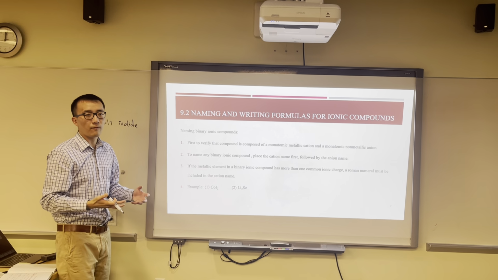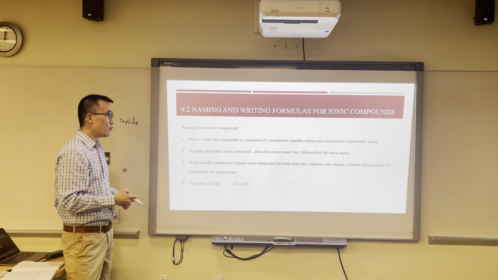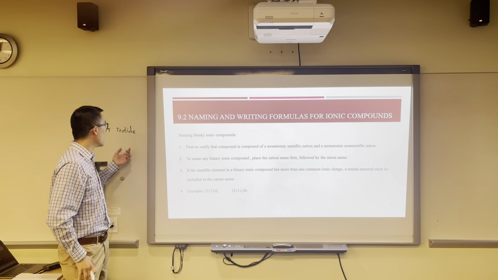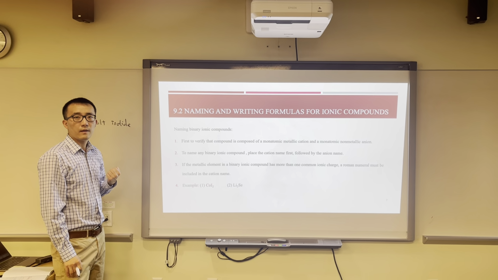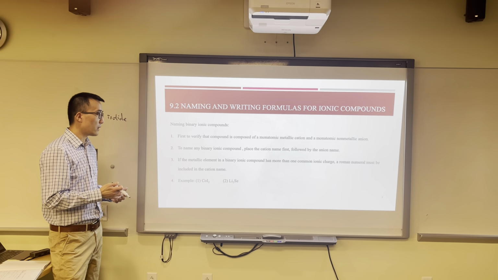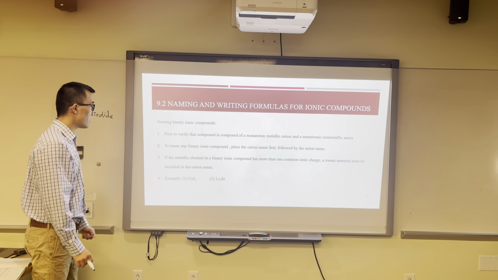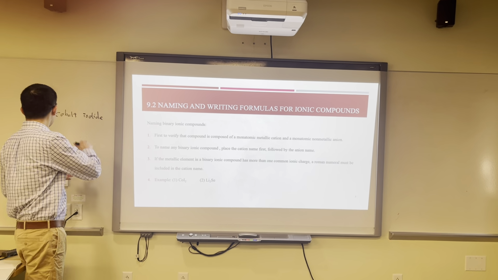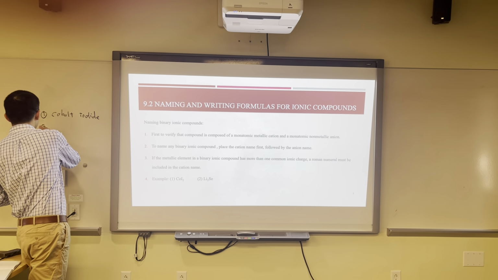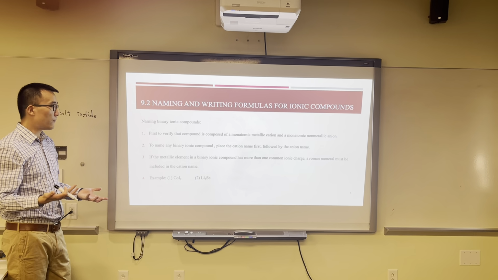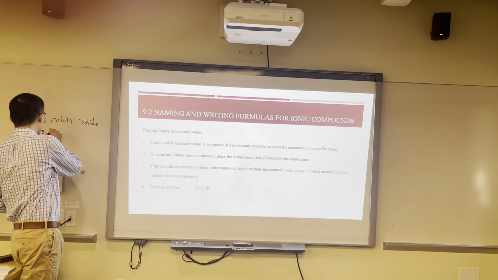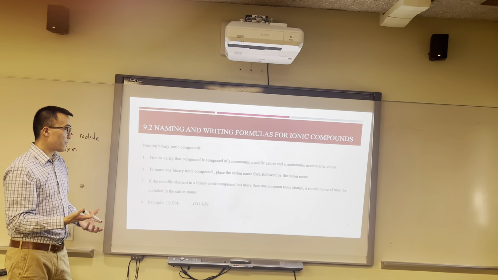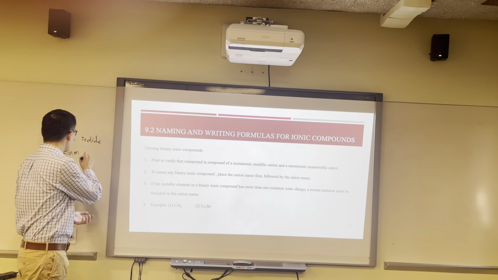That is a very straightforward and fundamental example, which means we always put the metal in the first place, and then the non-metal right after that. So that is for the binary ionic compound. Let's do the second example here, lithium selenium. We always put the metal first, so let's put the lithium at the beginning, and the selenium right after that.